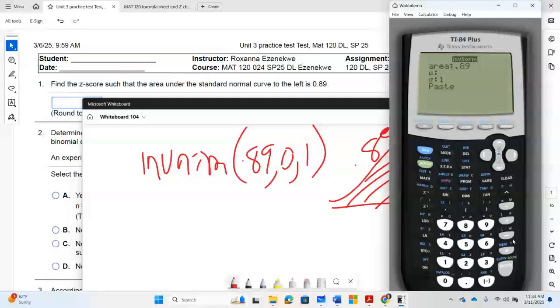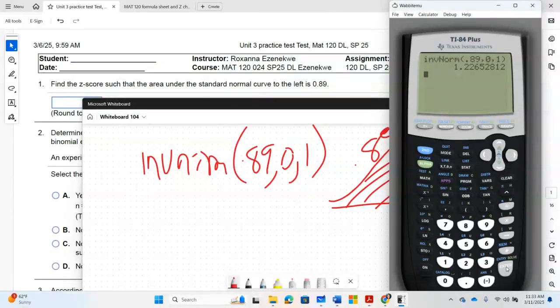Okay, so why are you not moving? Oh, it's not moving. Okay, what I'm going to do is paste, enter, because everything is okay, 0. And then arrow down, enter.